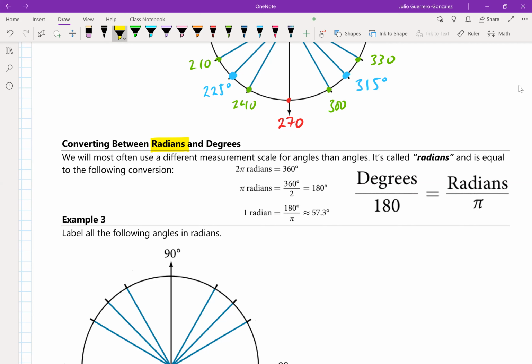Let me see. What the heck is a radian? It is how we attempt to measure the circumference of a circle based on the radius of a circle. Okay, so that's why it has the word radians in it. It's based off of the radius.